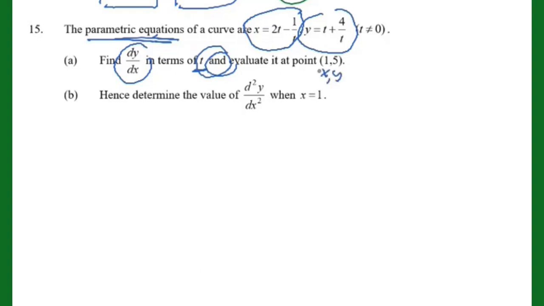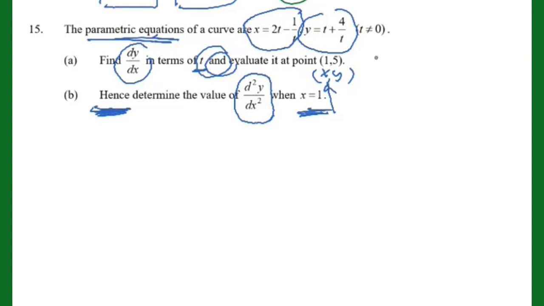Okay, this one is for part A. Part B: hence, using the previous answer dy/dx, determine the value of d2y/dx squared at x is equal to 1.